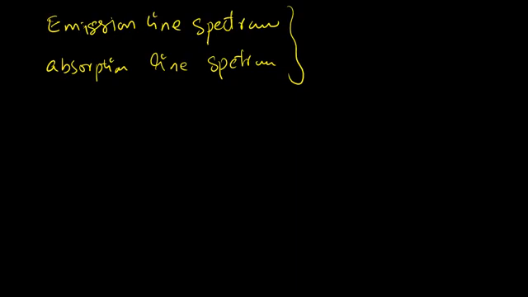First, as we know, matter exists in the condensed phase, that is the solid and liquid phase, and there is the gaseous phase. So usually matter exists in these three phases.